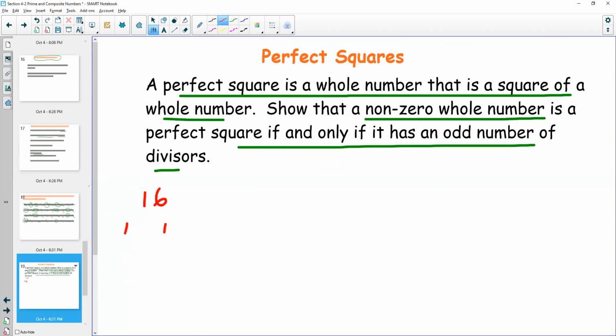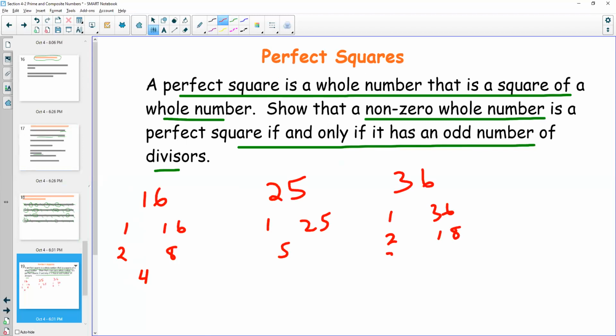Well, it'd be 1 and 16, 2 and 8, 4 times 4. Think about 25. 1 and 25 and just 5. Think about 36. 1 and 36, 2 and 18, 3 and 12, 4 and 9, and 6.